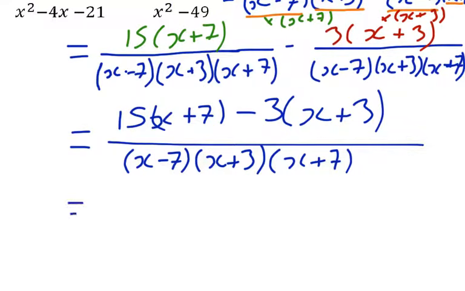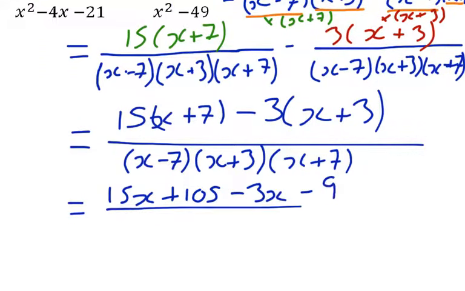Now we're going to multiply out those brackets to get 15x plus 105 minus 3x minus 9 all over x minus 7, x plus 3, x plus 7.